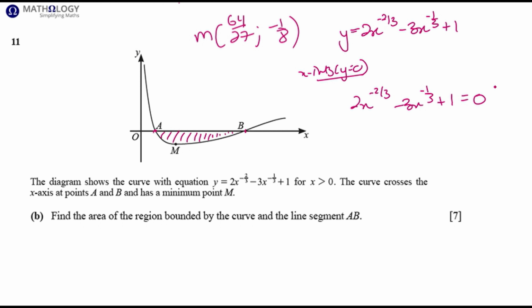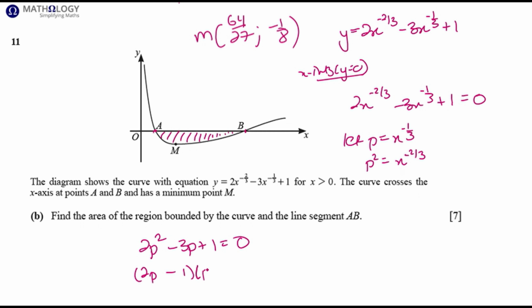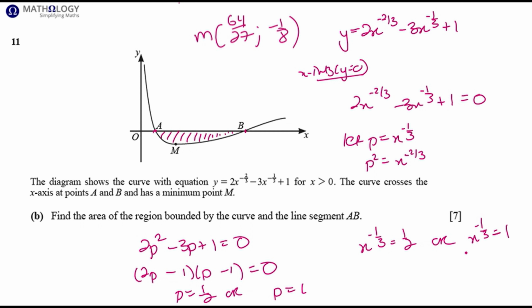We're just going to use a substitution so we can factorize an easier quadratic. So we let p equal x to the minus a third, which means that p squared is x to the minus 2/3. So we have 2p squared minus 3p plus 1 equals 0. That factorizes as 2p minus 1 times p minus 1. p equals a half, or p equals 1. Therefore, x to the minus a third equals a half, or x to the minus a third equals 1.